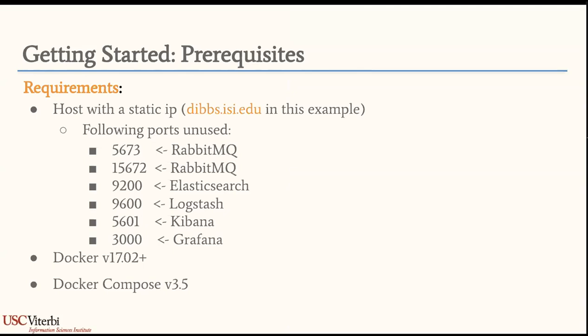And also, that host is going to need the following ports here to be unused because the services that we're going to start up will need to access them. Regarding software, you're going to need Docker and Docker Compose. And also note that for the sake of this tutorial, we'll be setting up the entire pipeline on a single host. However, for production purposes, you would likely run these services on multiple hosts.